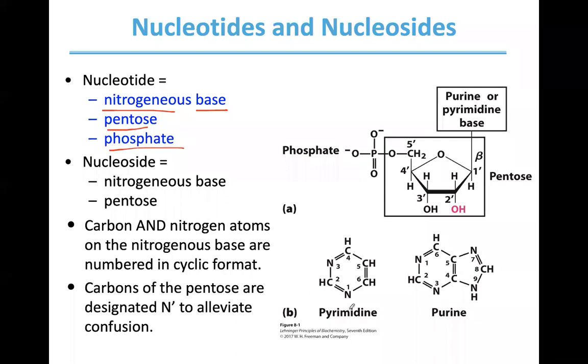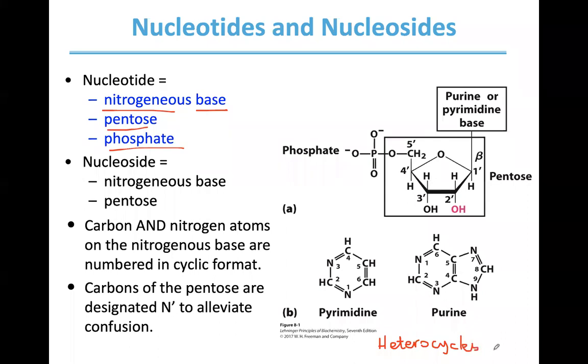So for the nitrogenous base, nitrogenous bases are actually heterocycles. Remember the word heterocycle? A heterocycle is a ring in which some of the atoms are carbons, but not all, right?